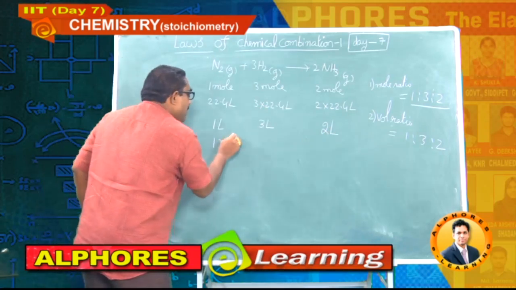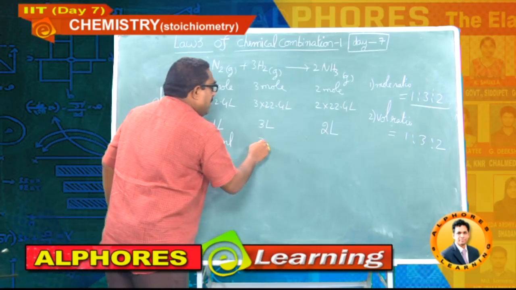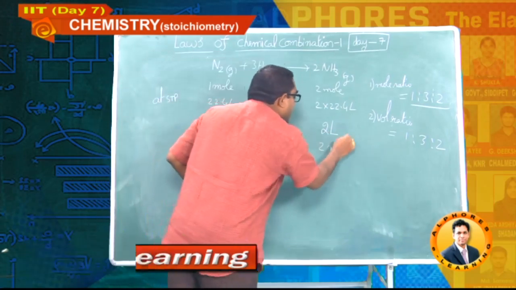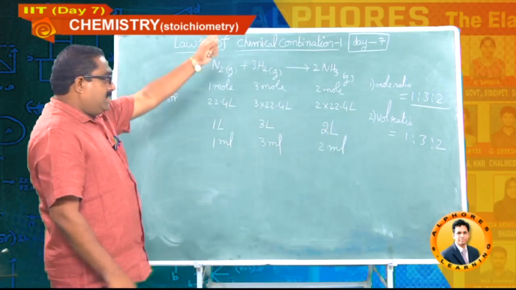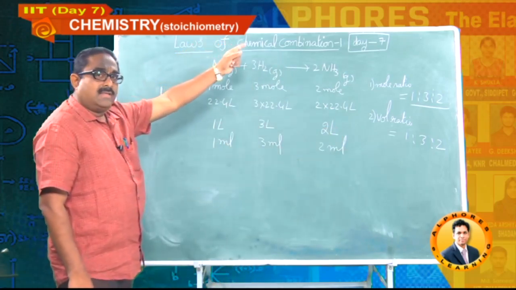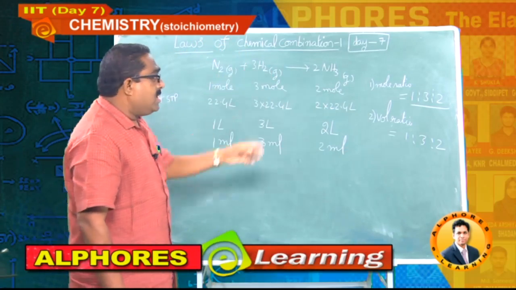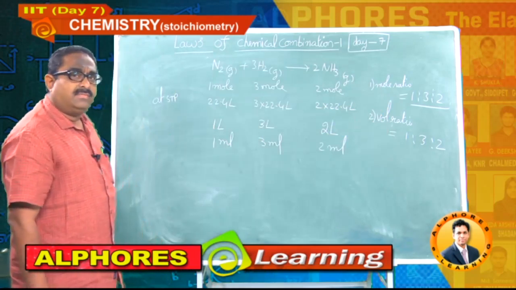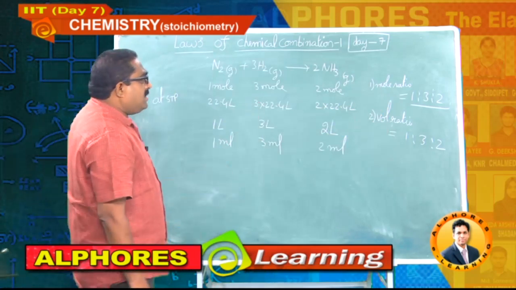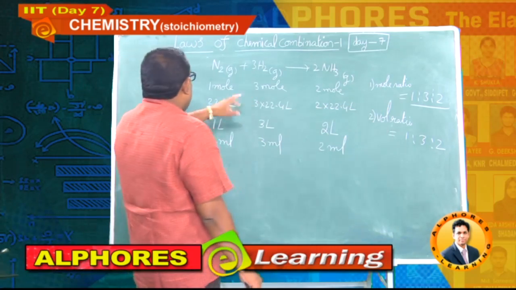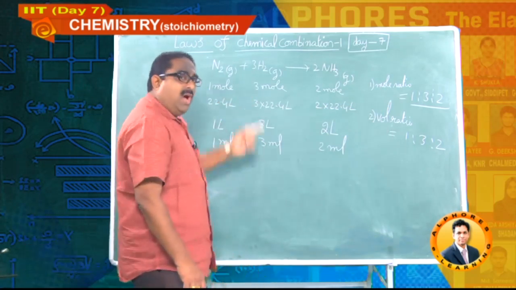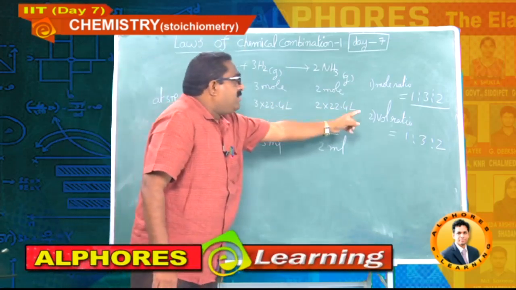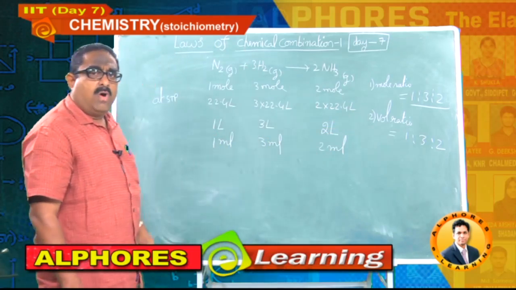Or 1 ml will always combine only with 3 ml of hydrogen. No doubt you will get only 2 ml of ammonia, because for gas phase reactions or mixtures, I have already told you, the moles ratio is exactly equal to the volumes ratio. So that is my conclusion based on this Gay-Lussac's law of combining volumes. Moles ratio is exactly equal to volumes ratio.